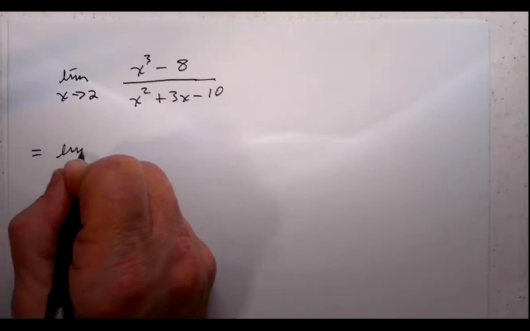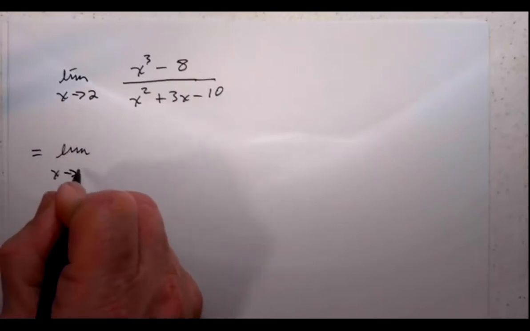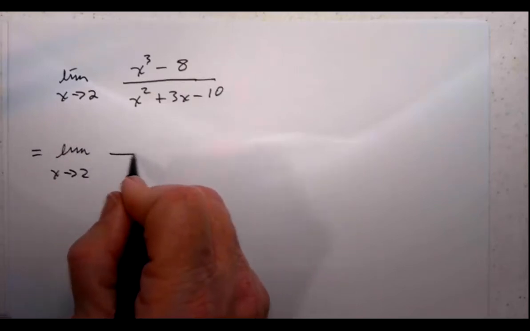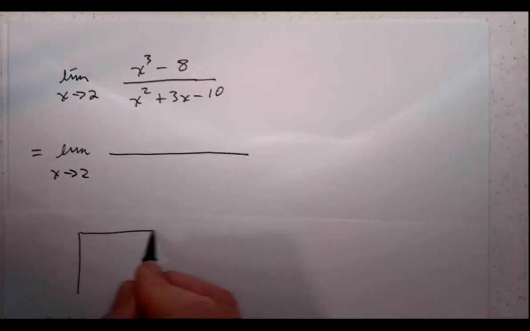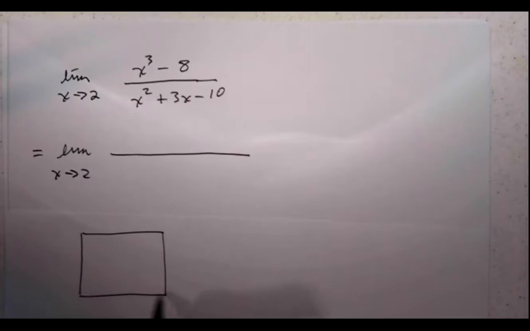So we get the limit as x approaches 2. We want to factor the top, we want to factor the bottom. Well, how do we factor the bottom? The bottom is the easier one. So we have x squared plus 3x minus 10. I like using this multiplication box to factor.